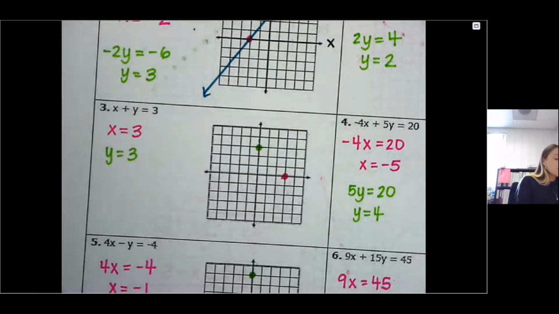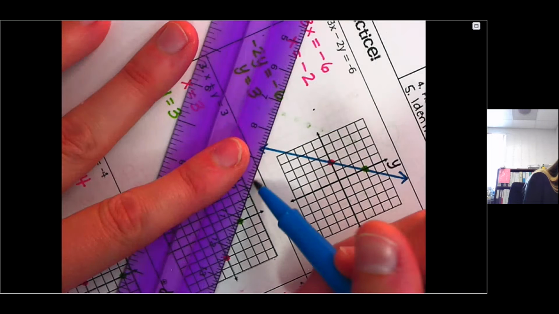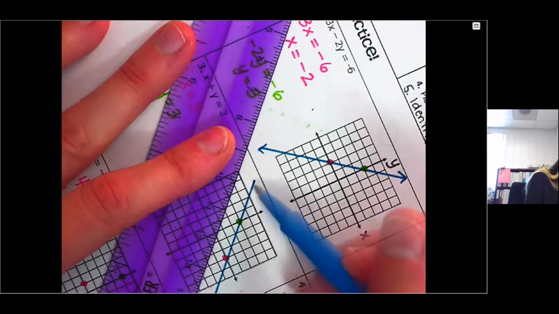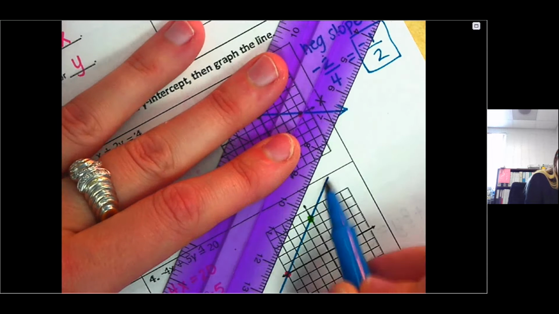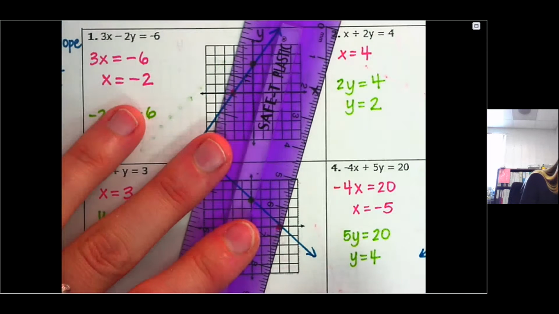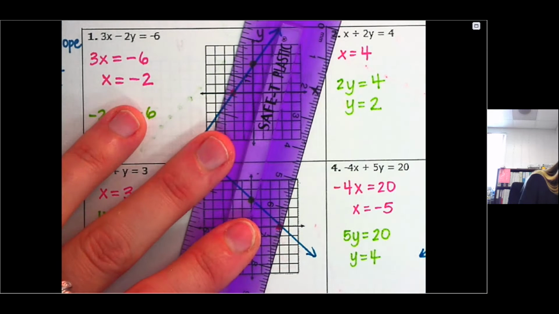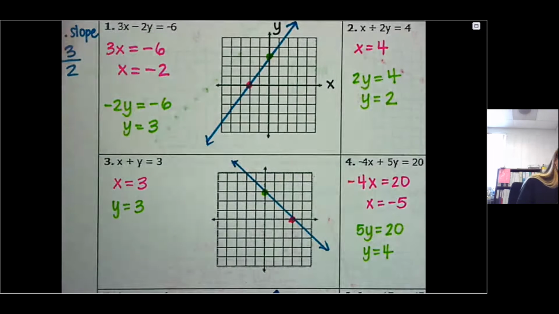Make sure you're writing down what the slope is after you've graphed your points. Got about 3 more minutes. Yeah, please do 7 and 8 as well.